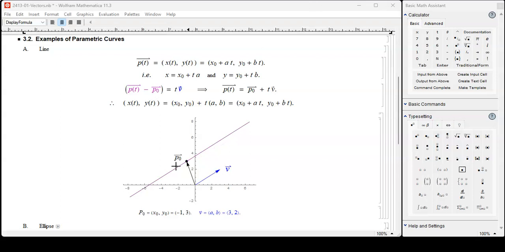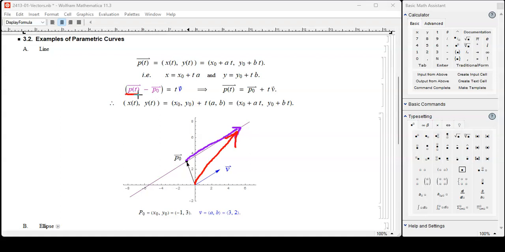Oh, this is bad. Let's try again. This kind of vector. Let's see. P of t, that's an arbitrary point on this line, this purple line, and if you consider that from the origin, it's going to be like this one here.